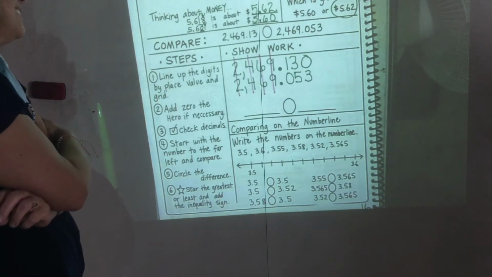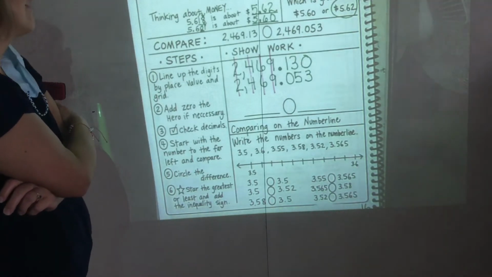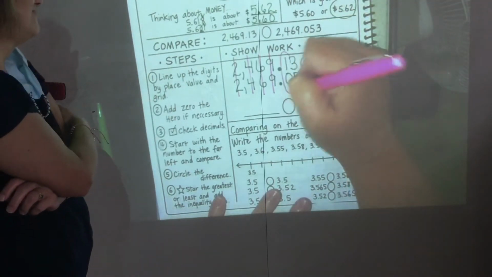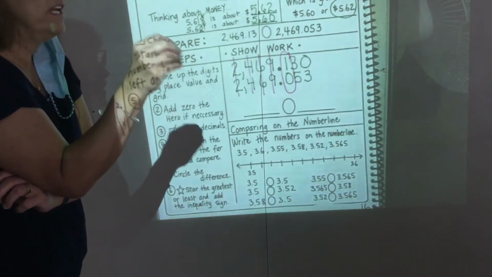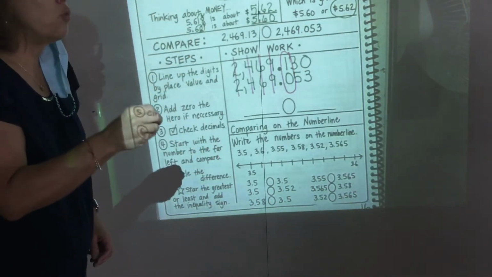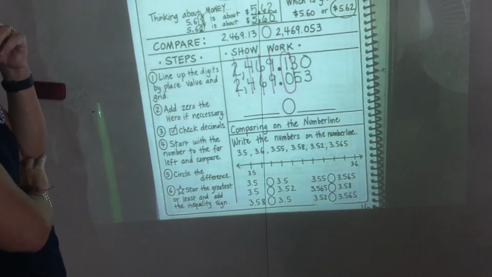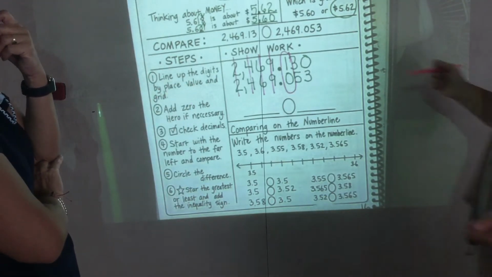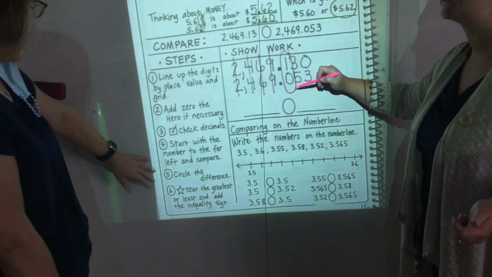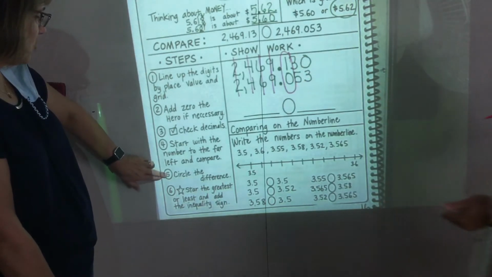Oh, okay. Look at this. This is where it's going to tell me: what place will determine which one is greater? The tenths place will, because those are the first ones I come to that are different. Circle the difference.